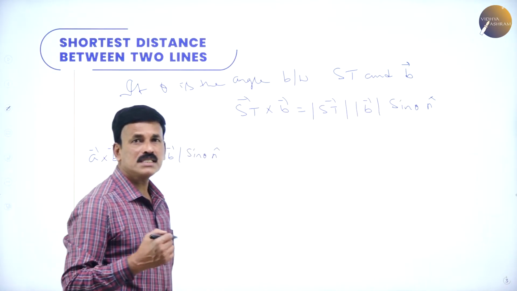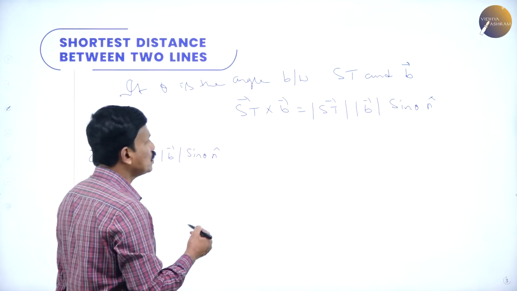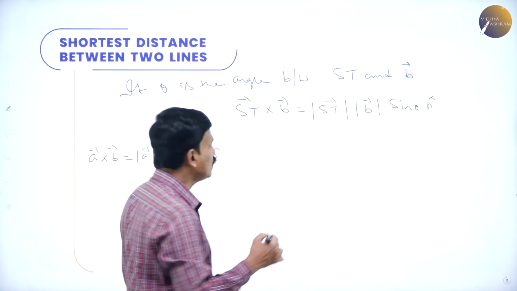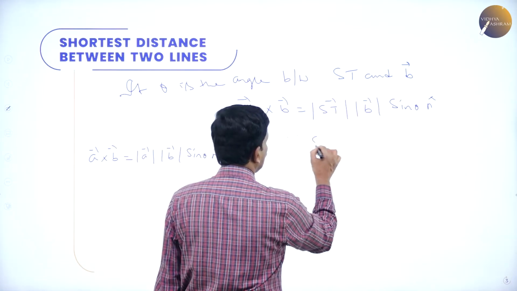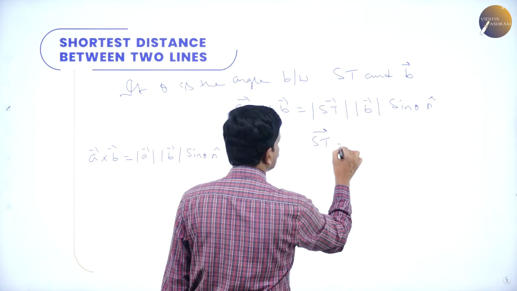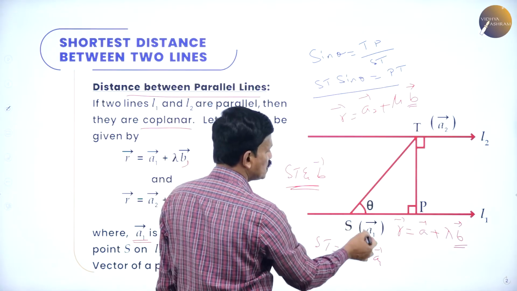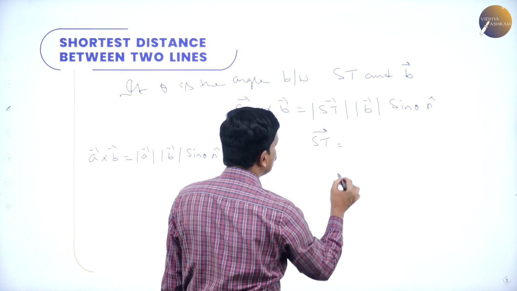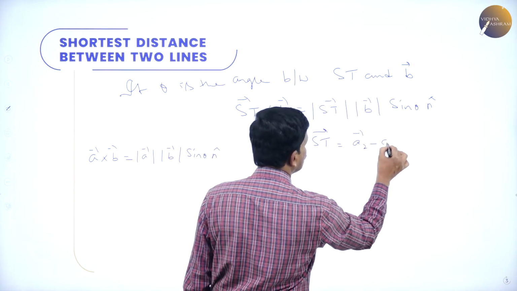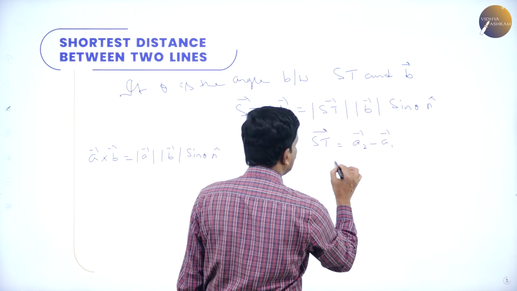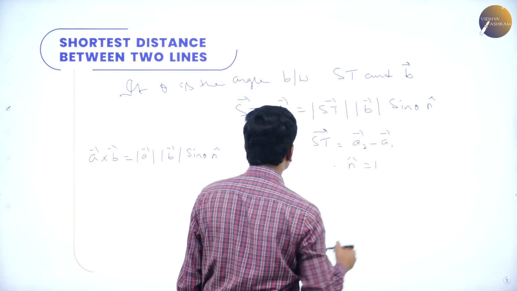Now, since n cap is a unit vector perpendicular to the plane and the lines L1 and L2, we have the distance ST, that is S to T, equal to vector A2 minus A1 vector, and n cap is equal to 1.